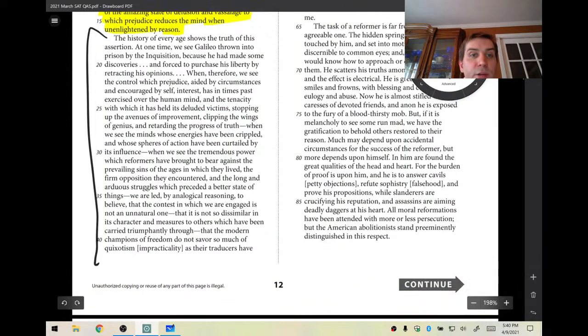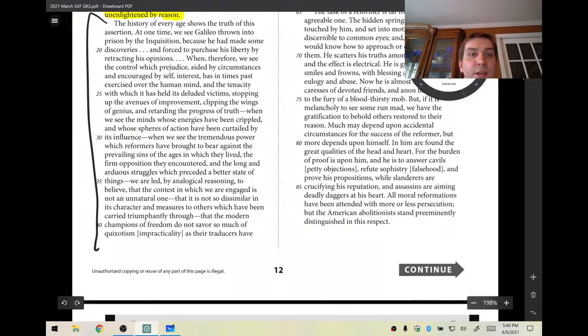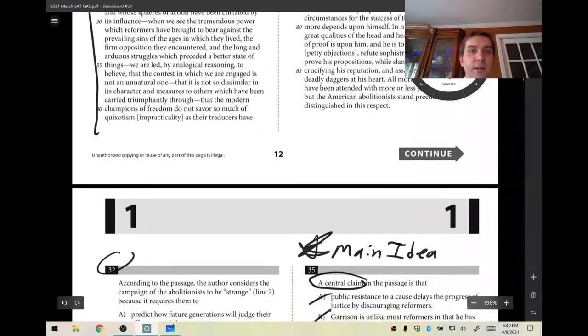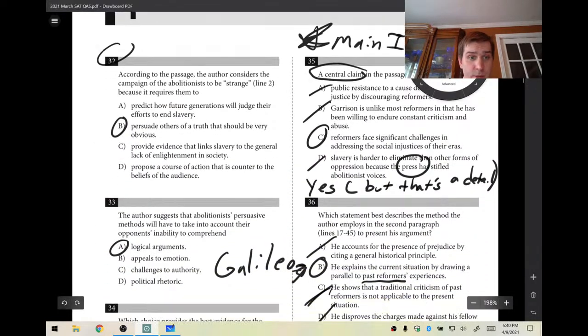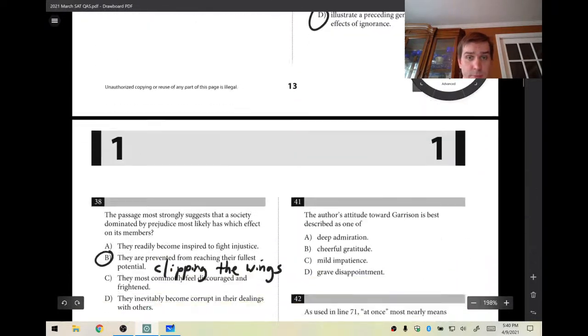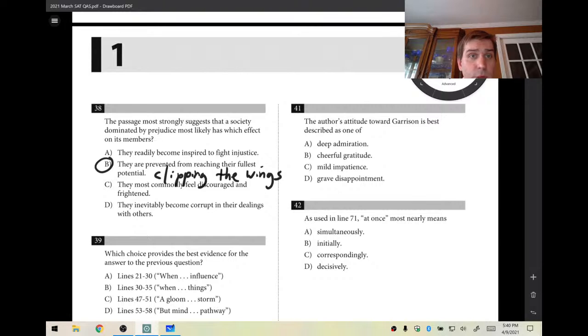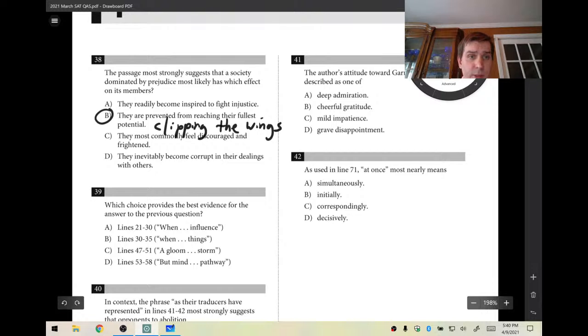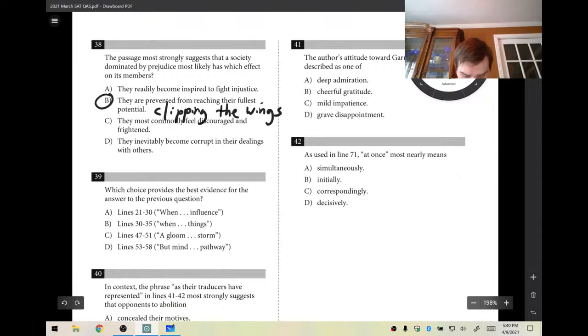The minds whose energies have been crippled and whose spheres of actions have been curtailed by its influence. So, a society dominated by prejudice will be prevented from reaching its potential. And I read from these lines just now. That's our evidence for this one.